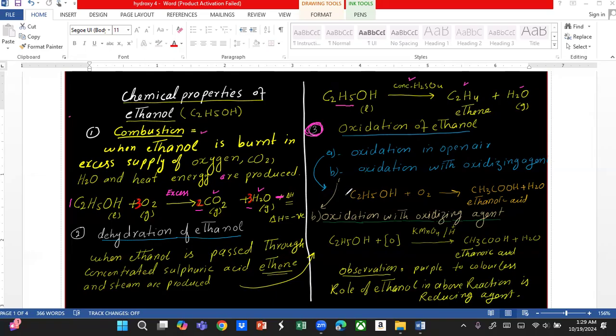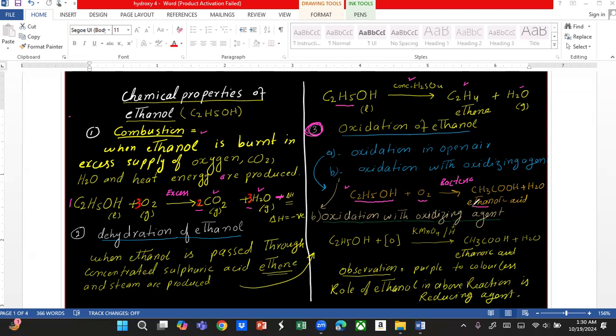So when it is placed in open air, you will see in the presence of bacteria, bacteria are present everywhere where life exists. So when ethanol is placed in the atmosphere, in open air, the oxygen of the air will be used by the ethanol, and ethanol will be converted into ethanoic acid.